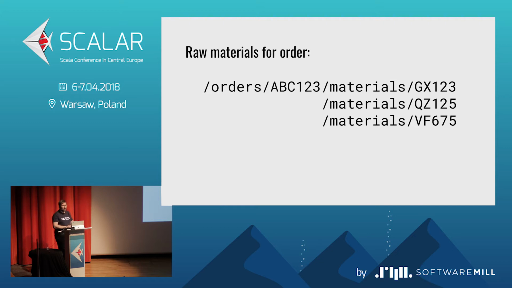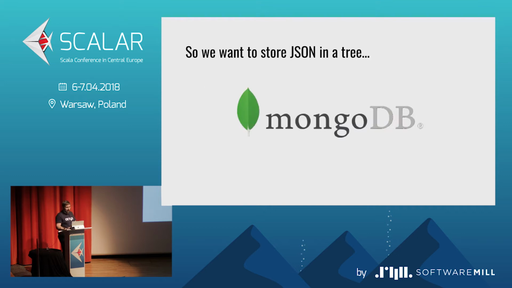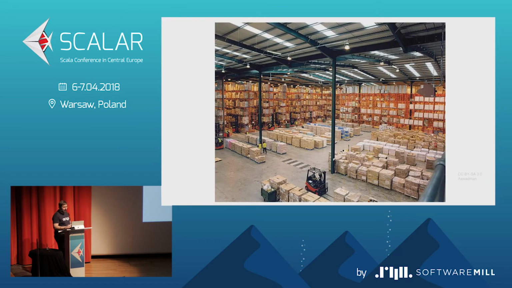Well, this is raw materials for an order. This is a tree. So it's kind of a tree structure. And I have order ABC1 to 3, and I need to pick GX1 to 3, QZ1 to 5, and so on. So you might think that storing JSON in a tree is a perfect match for MongoDB, but not exactly, because we already said that this is the environment where we thrive.